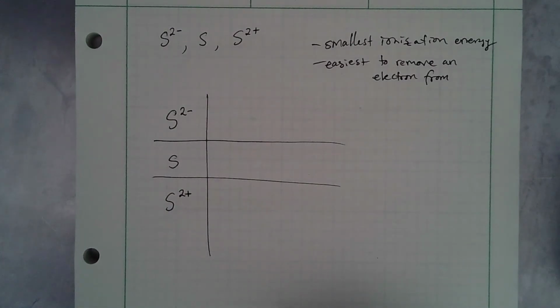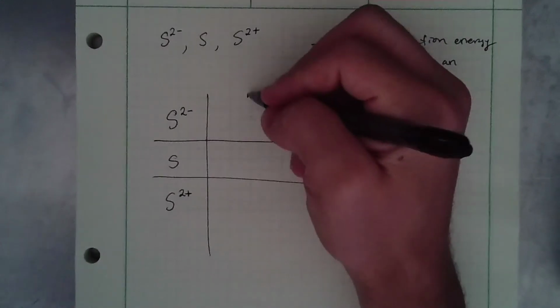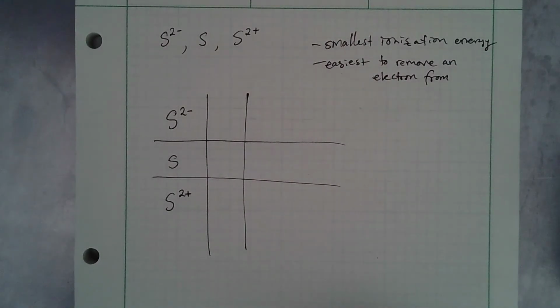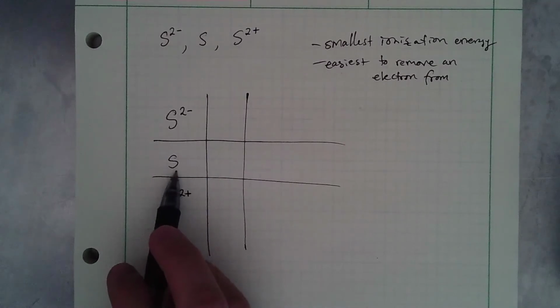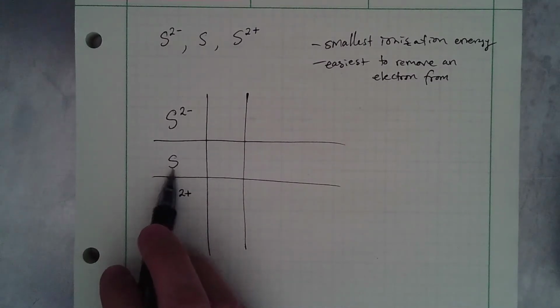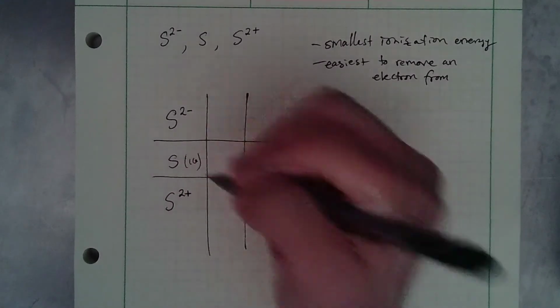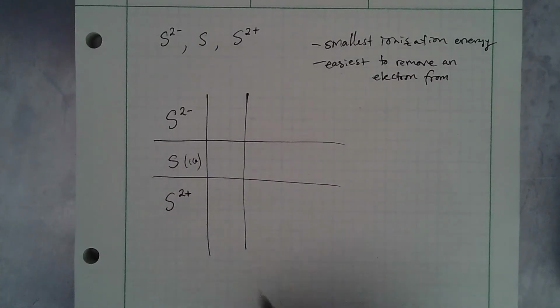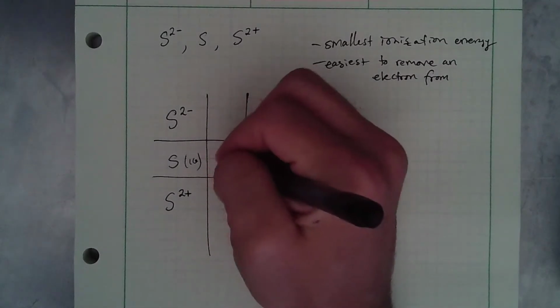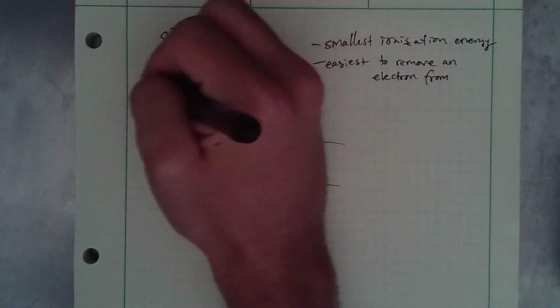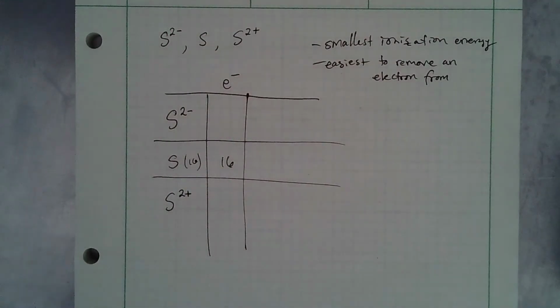The first part of my table, let's actually talk about how many electrons there are in each of these. So a neutral sulfur atom, sulfur is number 16, by the way, on the periodic table. A neutral sulfur atom is going to have 16 electrons. So in this column of my table, number of electrons: 16.